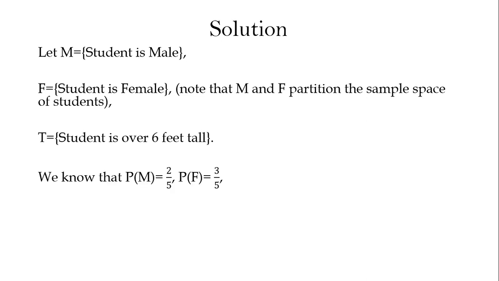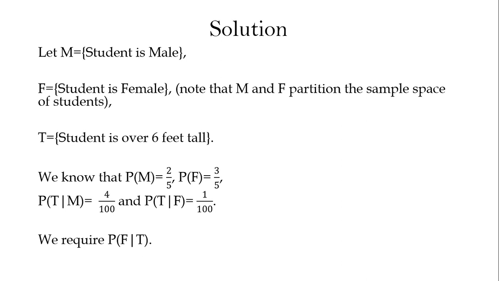So we know that probability of M is 2 over 5 and probability of F is 3 over 5. Probability of T given M is 0.04 or 4% or 4 over 100, and the probability that the student is tall given that she's female is 1%, which is 1 over 100. So what we need to find now is the probability that the student is female given that they are tall.